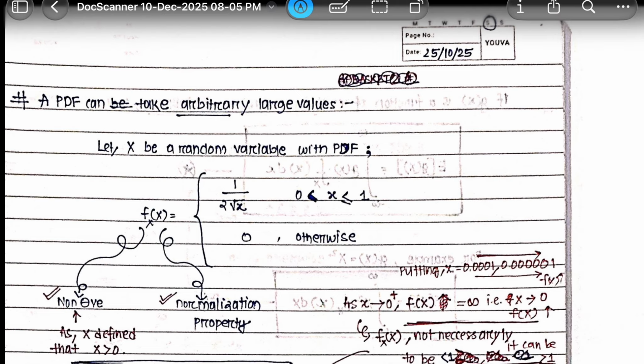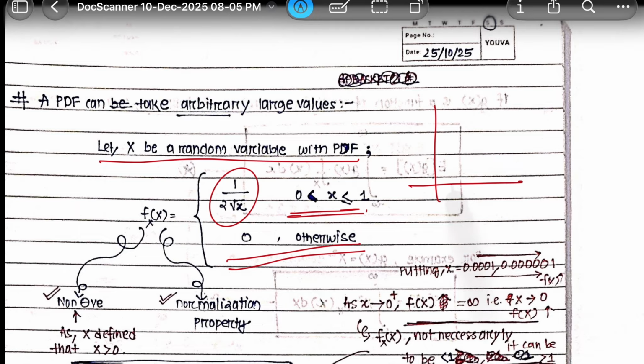So let X be a random variable with PDF f of x equal to 1 by 2 root x, defined on the interval from 0 to 1. Otherwise, it will be 0. Okay.